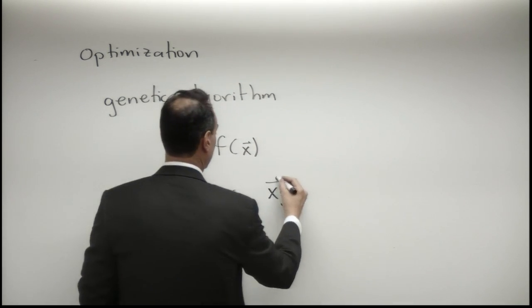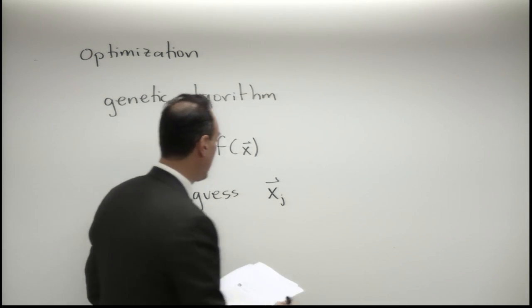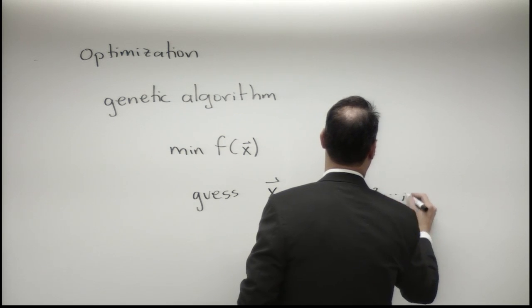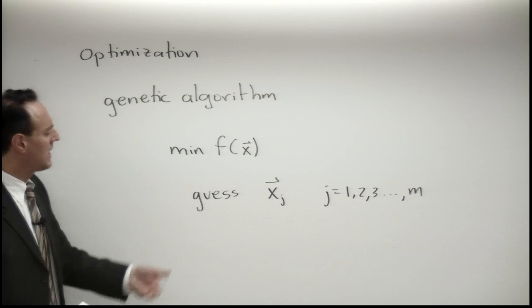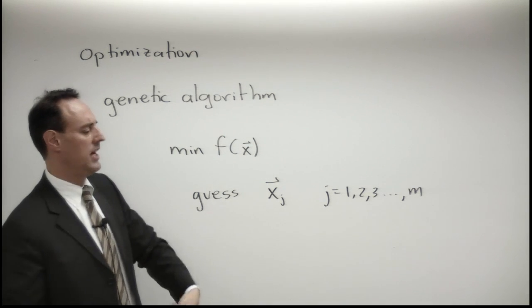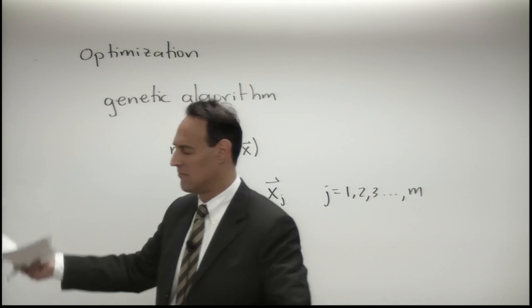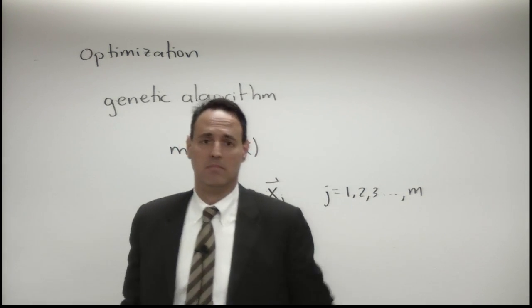I'm going to guess a solution, xj, and I'm going to make m guesses. In other words, I'm not going to just guess once. I'm going to guess m times. I'm going to say, well, what if we try x are these values, or those over there? I have no idea what's going to work. Let me just guess a bunch of them.